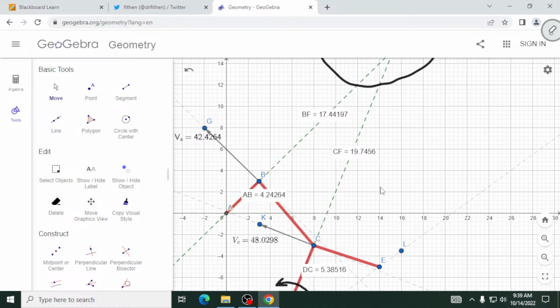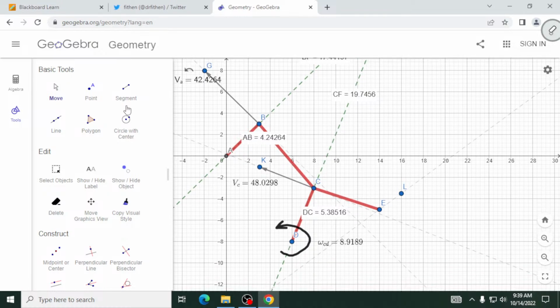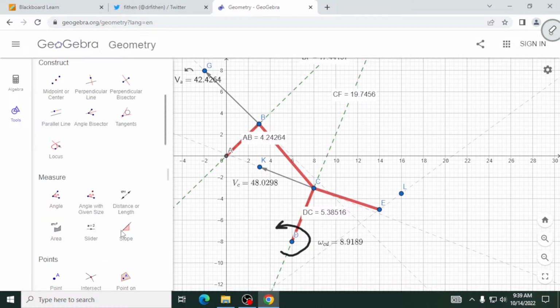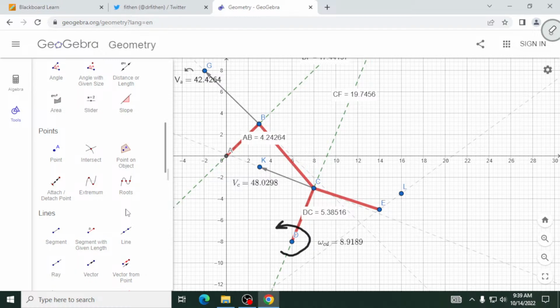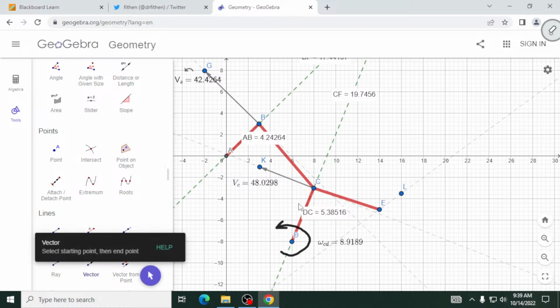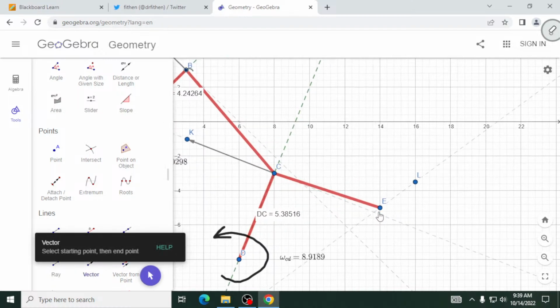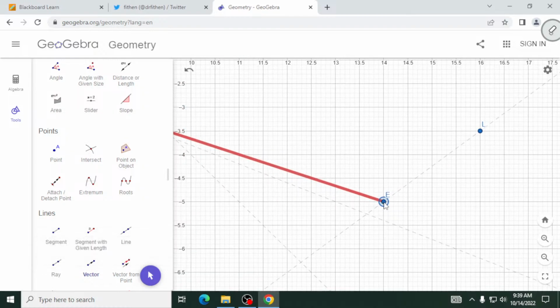My velocity vectors are not to scale. Here's a vector, and I'd like to zoom in here, and it goes down this line here. So that point is supposed to go down that line right there.